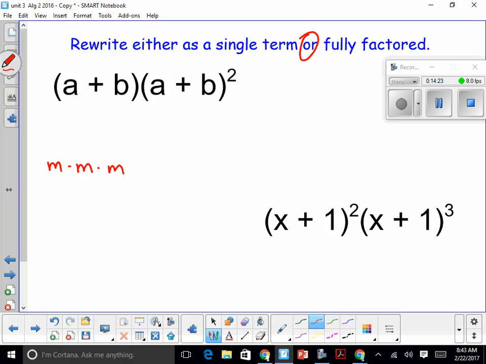But the actual letters, or if you were multiplying numbers 2 times 2 times 2, the numbers or letters are called something with the letter F. Factors is it. Anytime you hear the word factor, you know that something is being multiplied. Go ahead and write down "multiply."